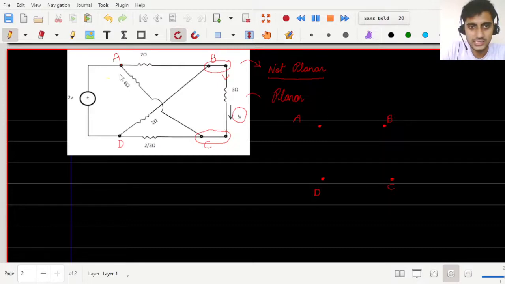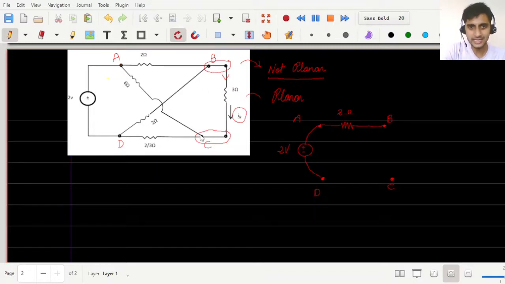From this circuit, you can see that between A and D, I have a voltage source of value 2 volts. Between A and B, I have a 2 ohm resistance.